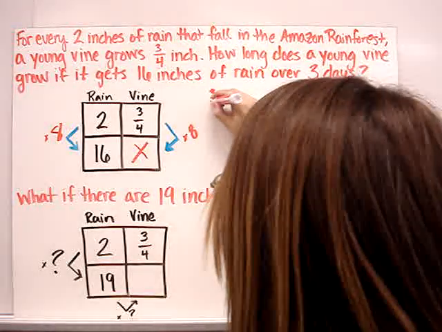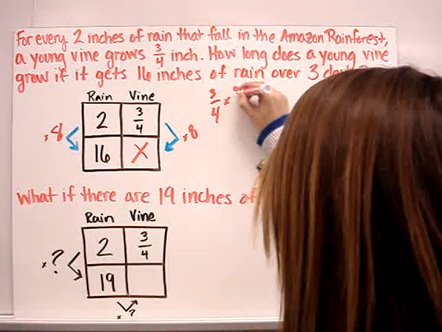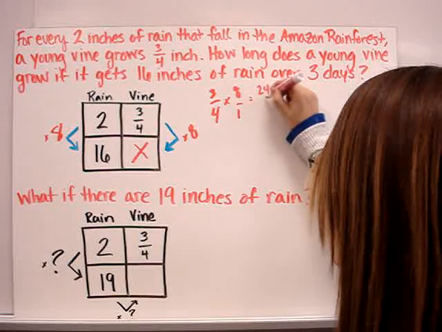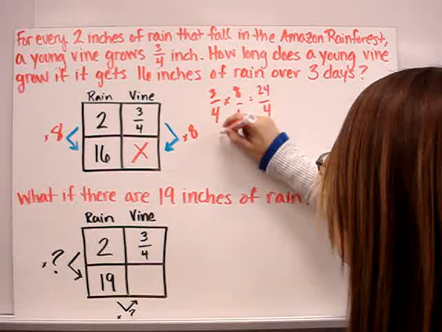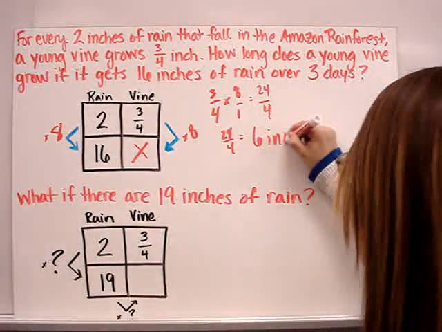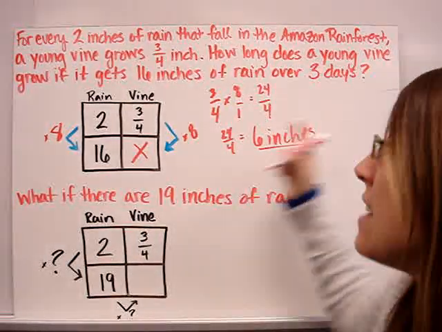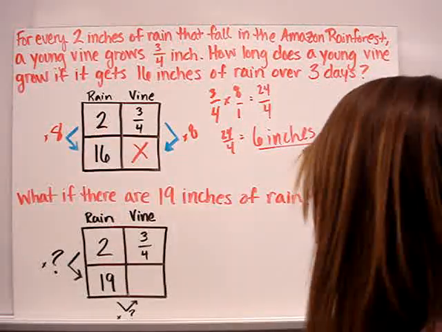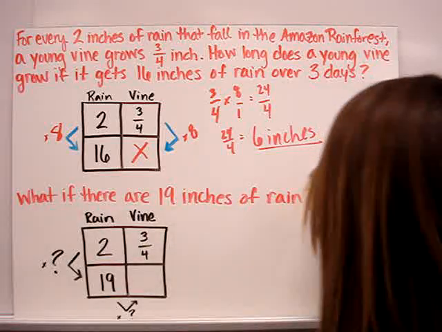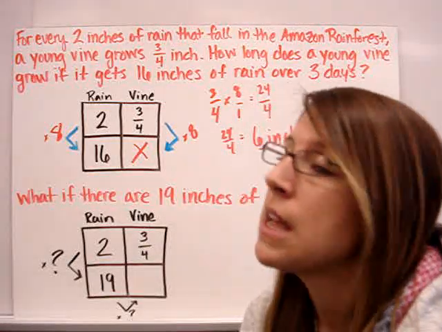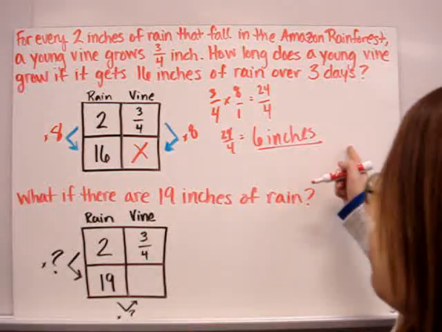So that's 3/4 times 8 over 1, and that's going to give me 24/4, which is equivalent to 6 inches. Now that's a ton of rain. For every 2 inches is 3/4 of an inch. So that much rain, it is going to grow 6 inches. It's a reasonable answer, right? Okay, so there's your answer there.